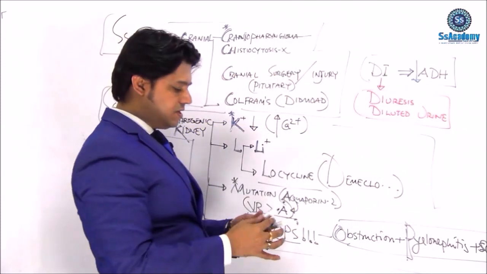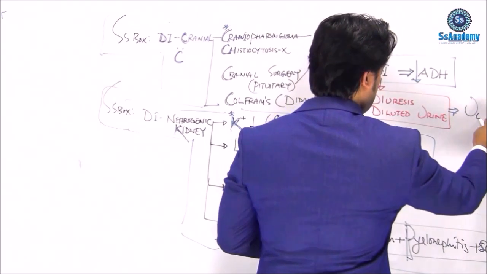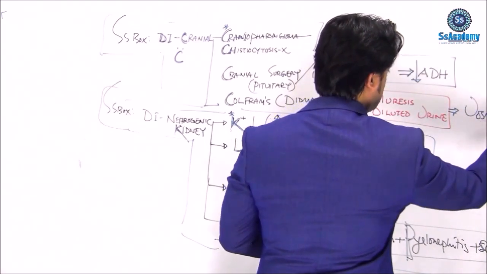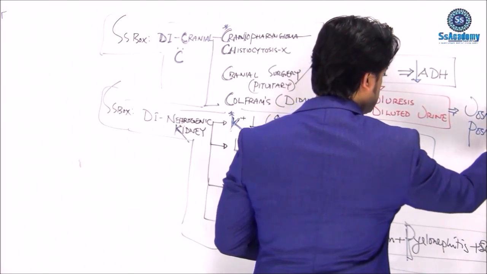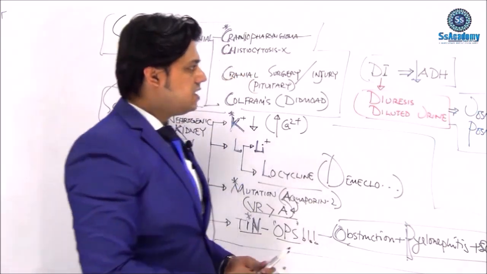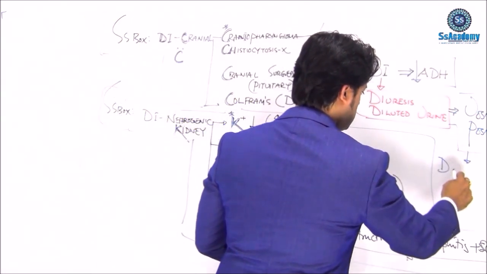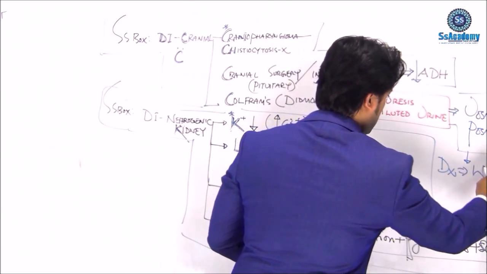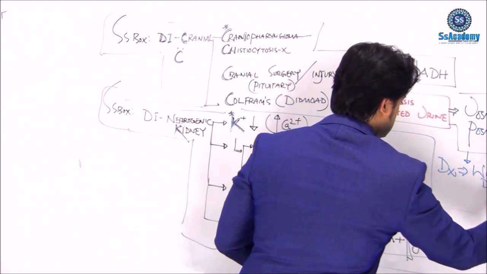And this diluted urine means urine osmolality will be reduced. In contrast, plasma osmolality will be up. And the diagnostic test we do is nothing but the water deprivation test.